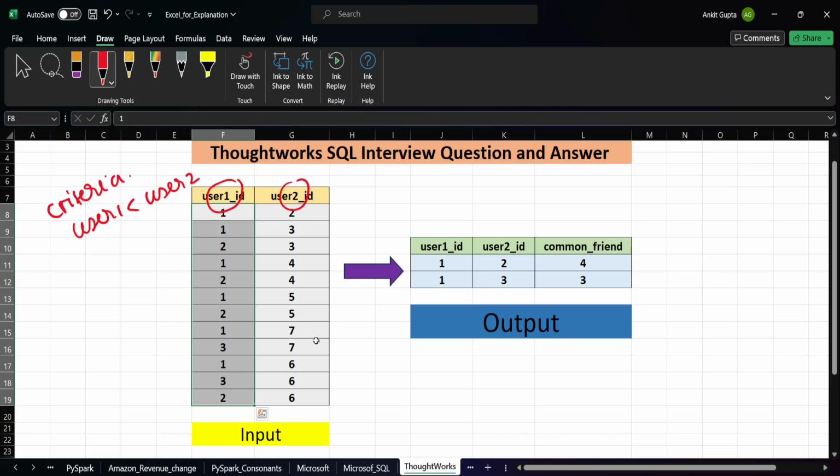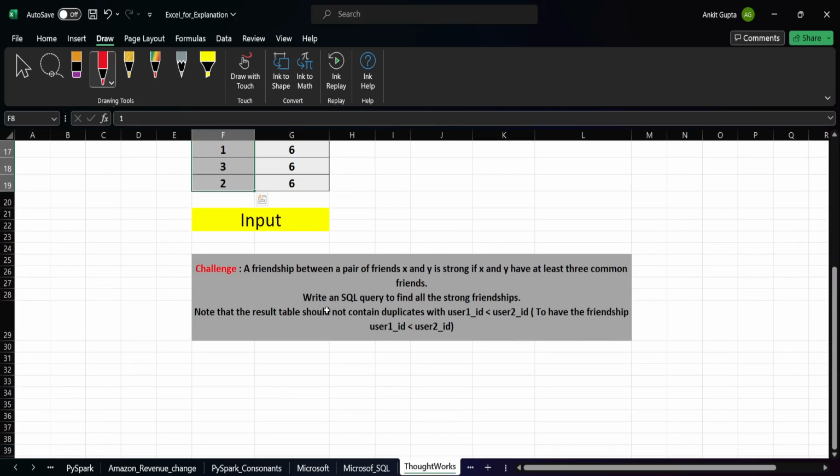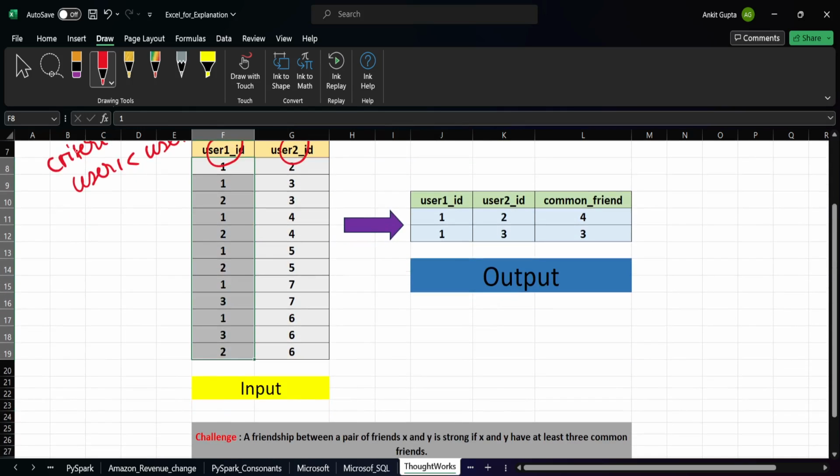Now let's read the rest of the question. Write a SQL query to find all the strong friendships. Strong friendship means at least three or more users should be common, or you can say the friends should be common.